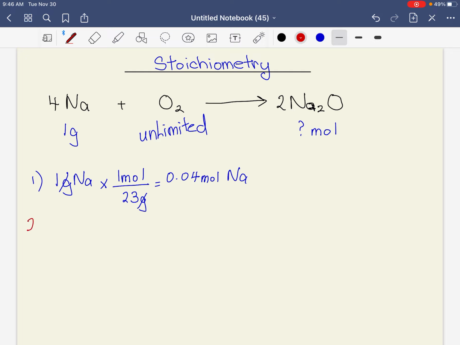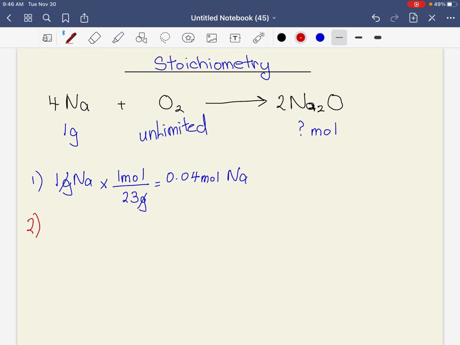The second step is what I call the mole ratio step. The mole ratio of Na and Na2O is 4 to 2, or in this case 2 to 1. If you have 0.04 moles of sodium, how many moles of Na2O are you going to get? That's pretty easy if you think about it.